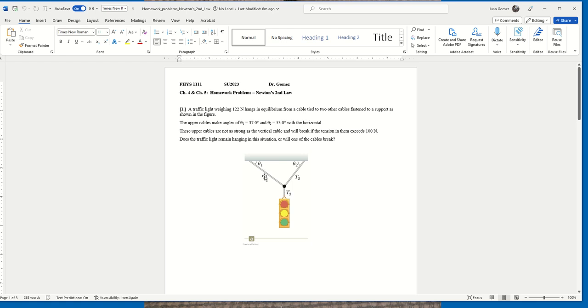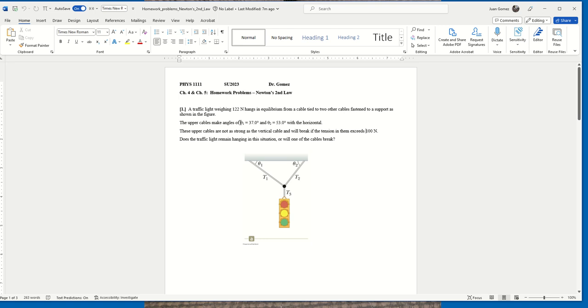Then the third cable, whose tension is T3, is attached to 2 other cables whose tensions are T1 and T2 respectively. And notice from the support, T1 makes an angle of theta 1 with the support, T2 makes an angle of theta 2 with the support. And notice those angles are not equal, which is fine.